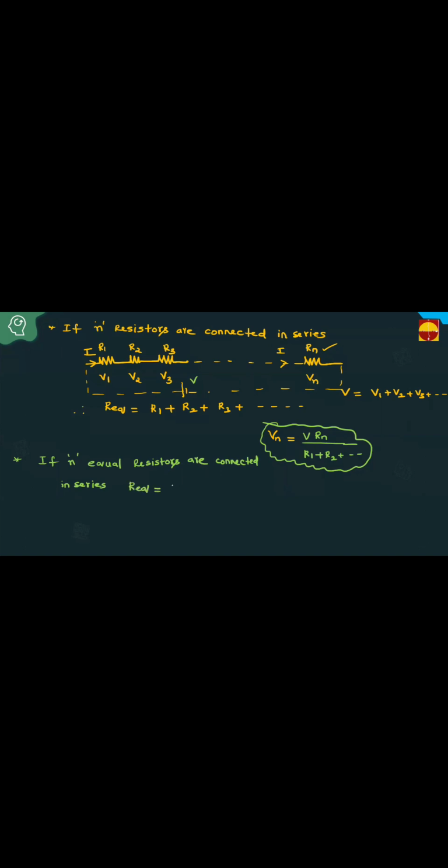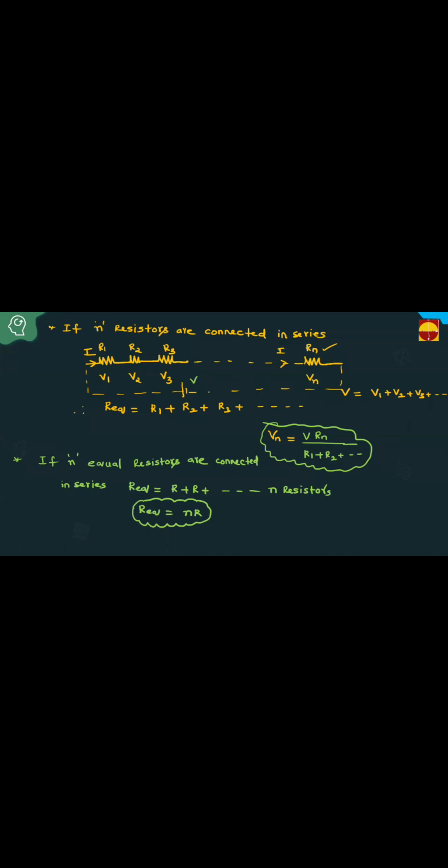It is R plus R and so on, n resistors. Then what is R equivalent, students? nR. Very important: if n equal resistors are connected in series, the equivalent resistance equals n times R. If three equal resistors are connected, 3R. Five equal resistors, 5R. Seven equal resistors, 7R. Like that you have to solve.